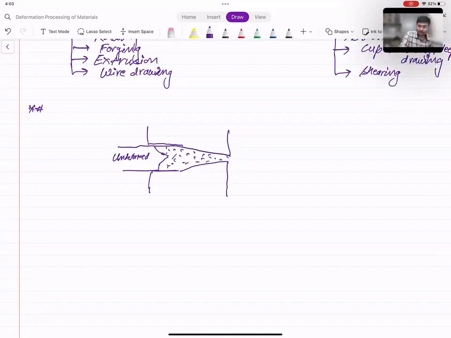This region is deformed, and these are the tools. This particular location will be the deformation zone.